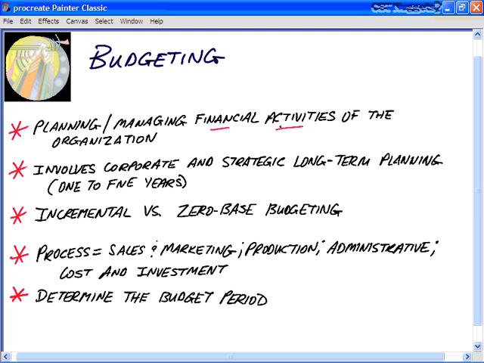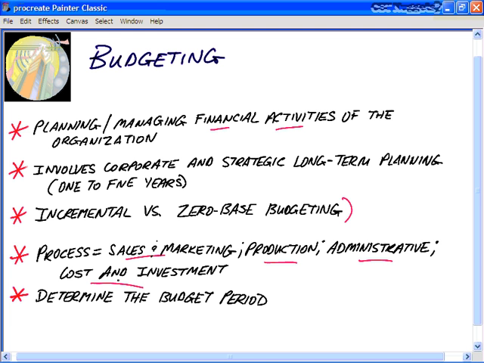Corporate, strategic, long-term planning from either 1 to 5 years, and then doing some tweaking every quarter, for example. But this should be a long-term financial approach. And you've got budgets for different areas, and we'll talk about this little area right here, but you've got sales and marketing budgets, you've got production budgets, you've got research and development budgets, administrative budgets, cost and investments.